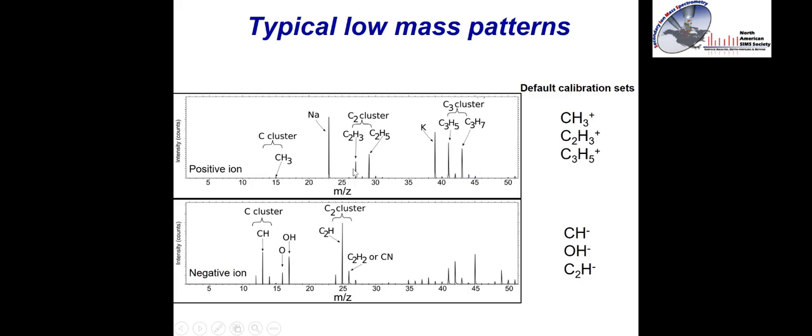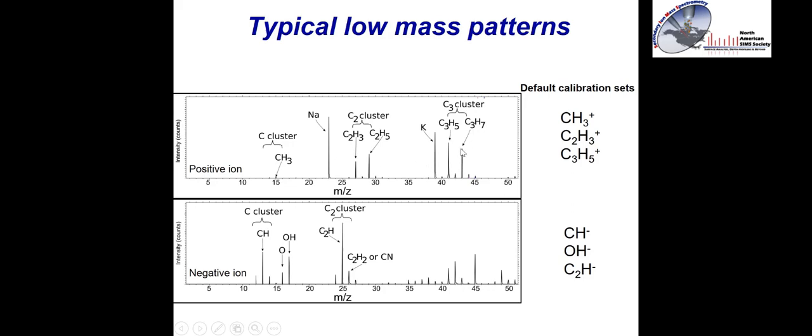And the relative intensity ratios of these peaks typically look like this. There are some exceptions. However, for example, at the C2 cluster, you typically see C2H2 is small, C2H3 is bigger, C2H4 is small, C2H5 is bigger.